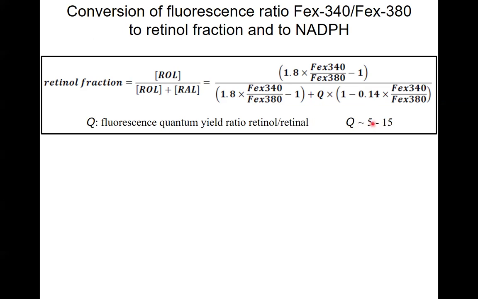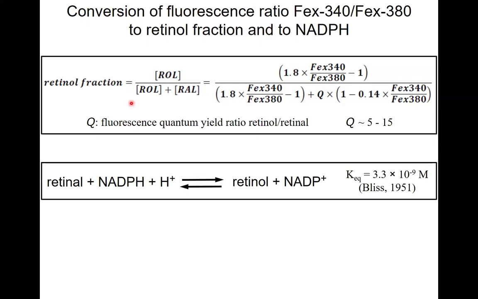But this allows us to use the ratio to obtain the fraction of retinol over the total chromophore that is being released. Retinal is being released, some of it is converted to retinol. This is the total chromophore that has been released, and this is the fraction of it that is retinol.